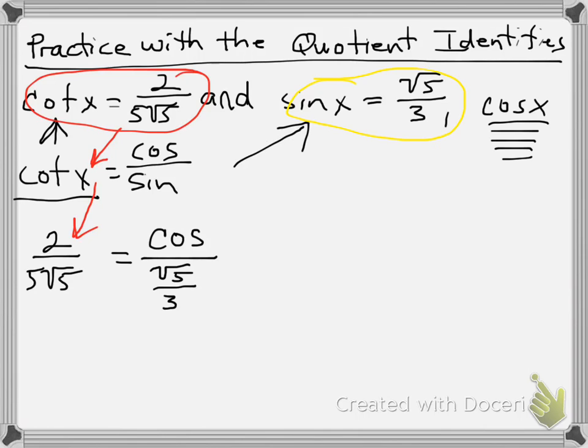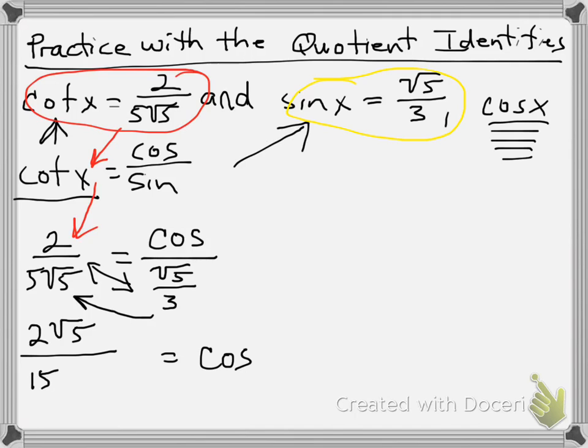So if we cross multiply, we have the cosine value being equal to 2 times the square root of 5 over 3 times 5 is 15 times the square root of 5.